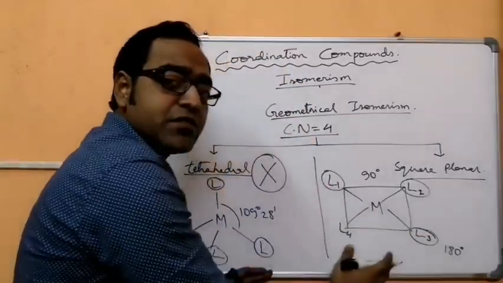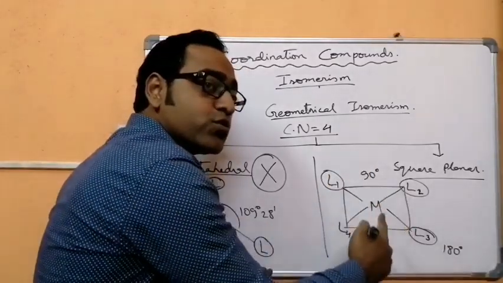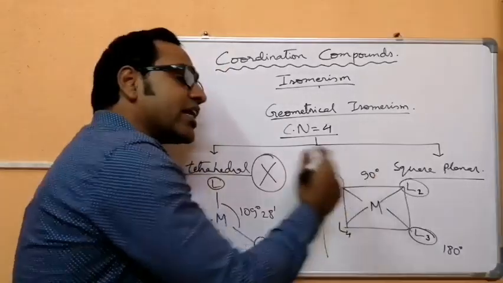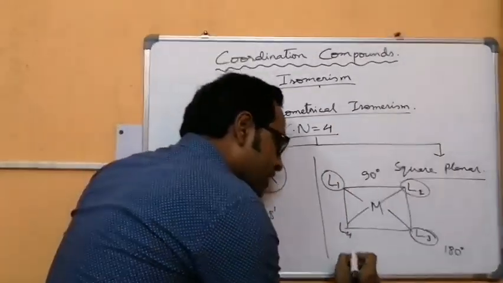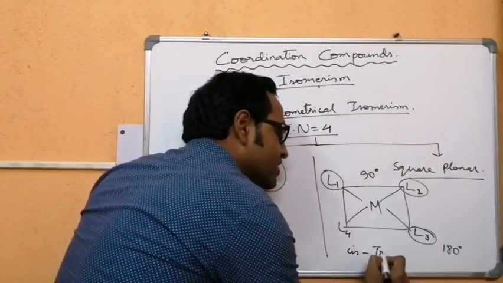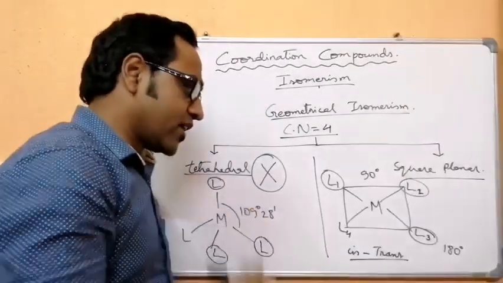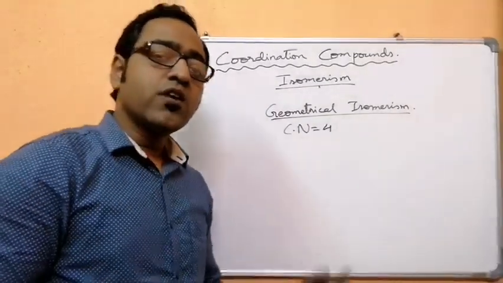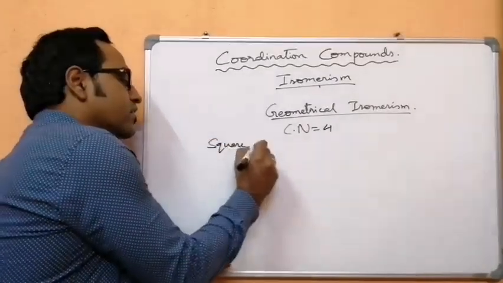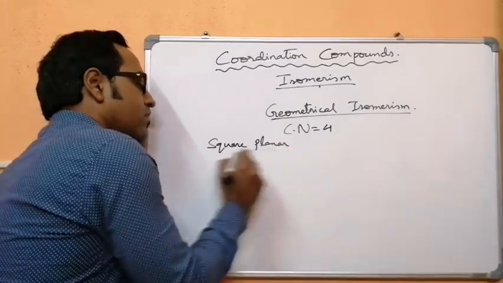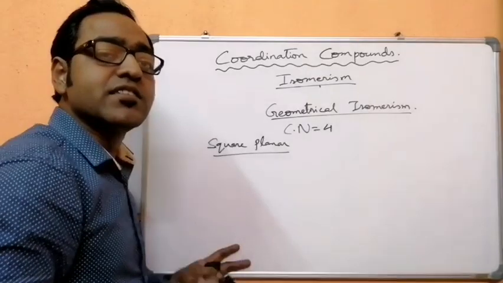So the relative arrangement of the ligands is not the same and hence they can show geometrical isomerism. Square planar geometry shows only 2 types, cis isomerism and trans isomerism.